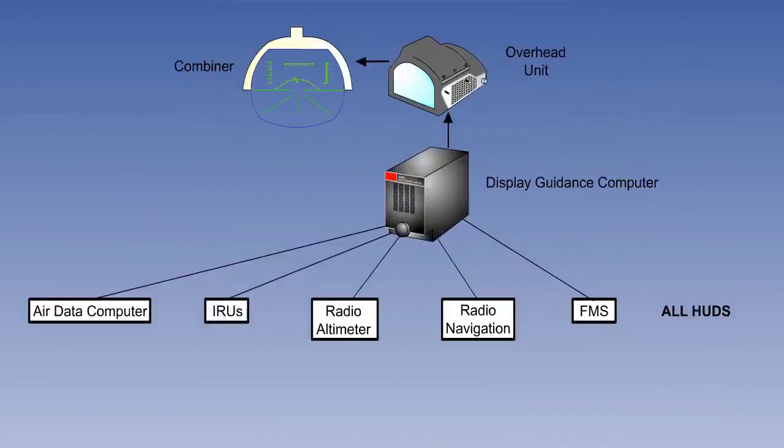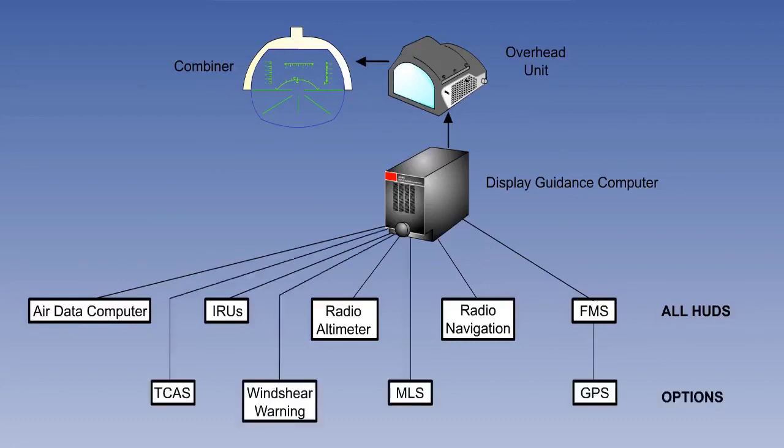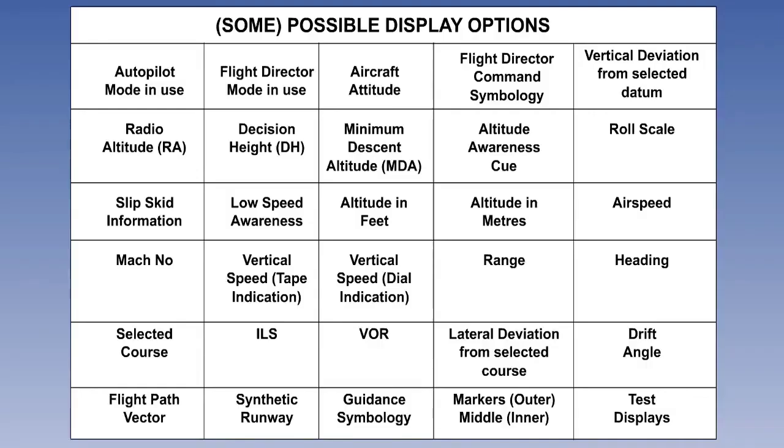Every HUD will show information from the ADC, the IRUs, the radio altimeter, the radio navigation instruments, and the FMS. However, the display guidance computer can also be programmed to show information from TCAS, wind shear warning, MLS, and GPS if required. What is actually available on any particular display will depend on the manufacturer and the customer's requirements.